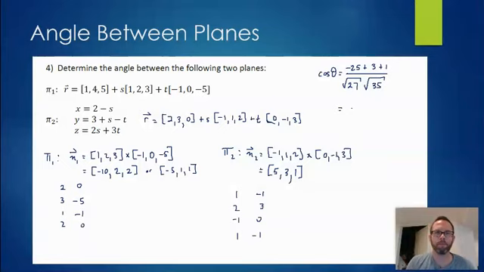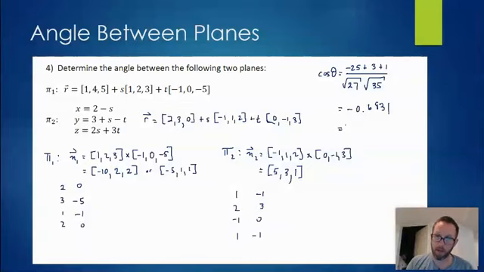Get that as a decimal. So that would be 21 divided by the root of 27 divided by the root of 35. So a negative 0.6831. And so your calculator will spit out an obtuse angle here.